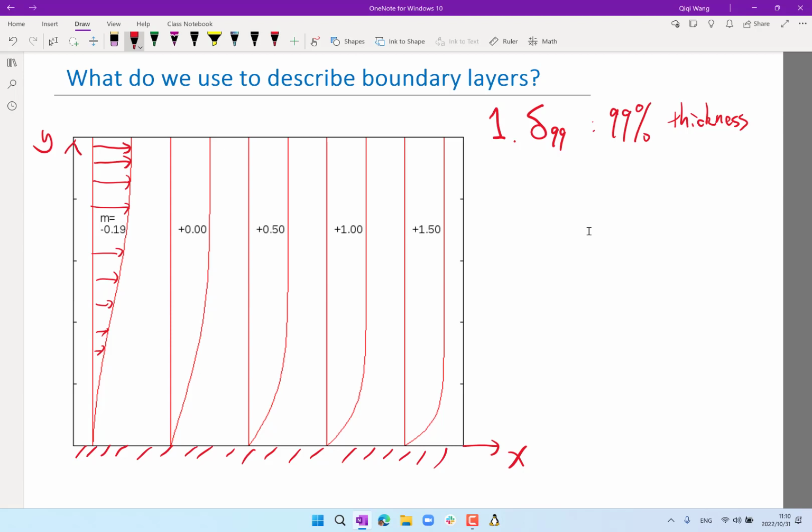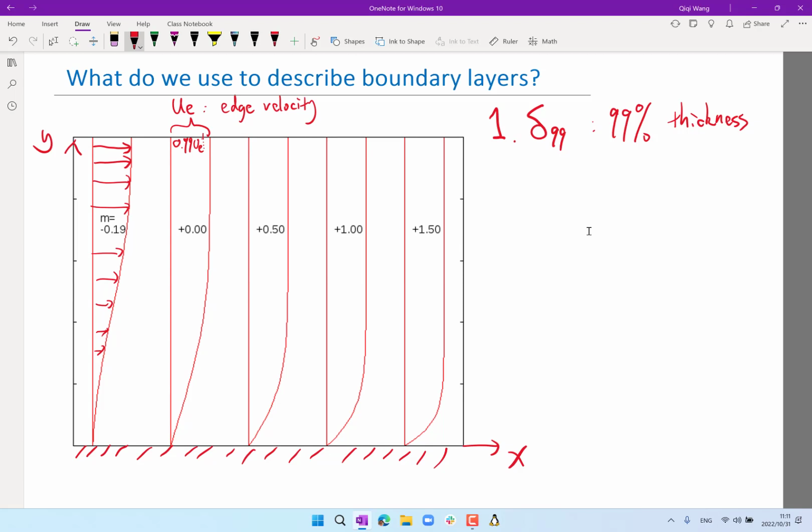So for example, if I'm working on the second boundary layer, and this is what I call the edge velocity, UE, the velocity on the edge of the boundary layer, then I look at, I'm exaggerating over here, let's say this is 99%, or let me just call it 0.99 UE.